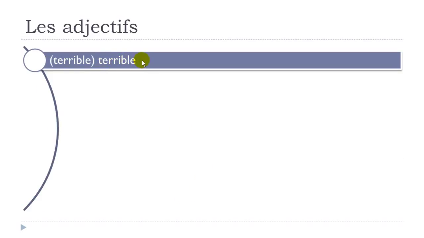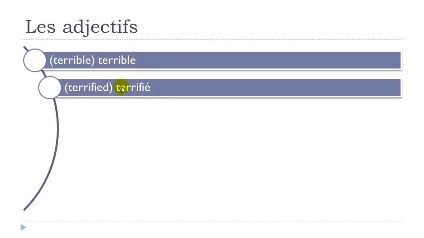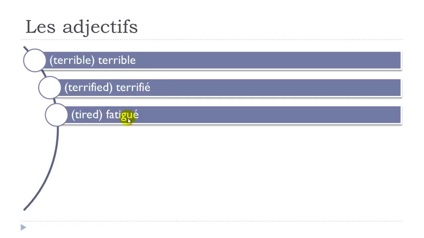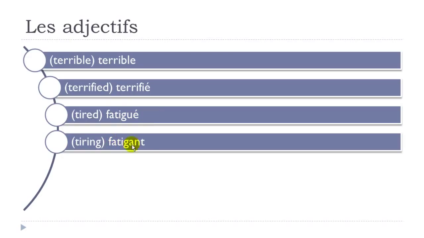Terrible. Terrifié. Fatigué. Okay, remember when you combine this G, U and E, you will get the G, okay? But in that case, you get the accent, so it's G, all right? Fatigué. Fatigant.